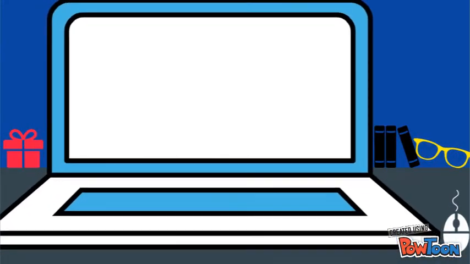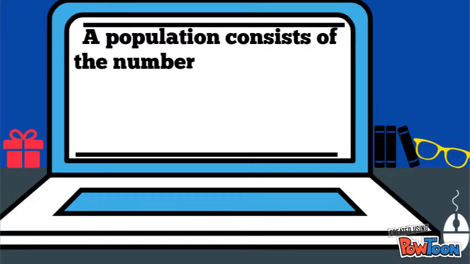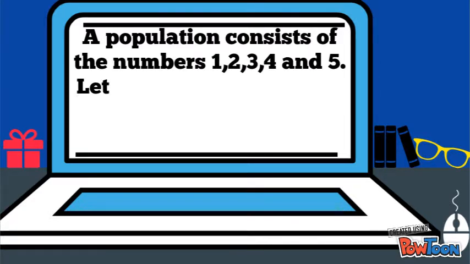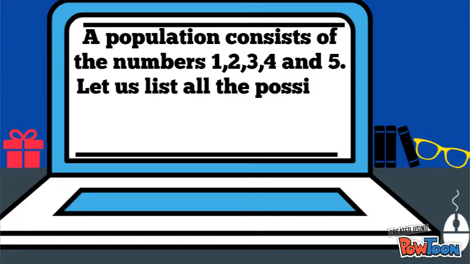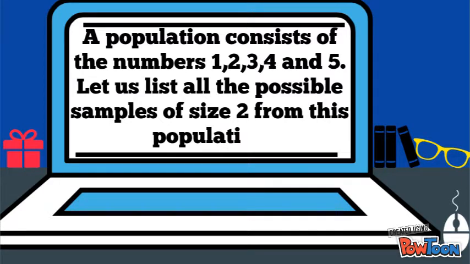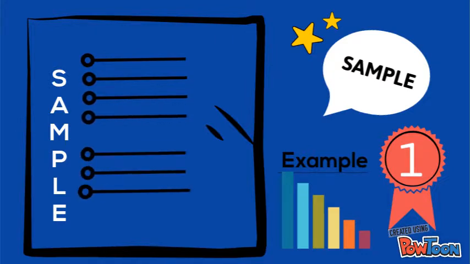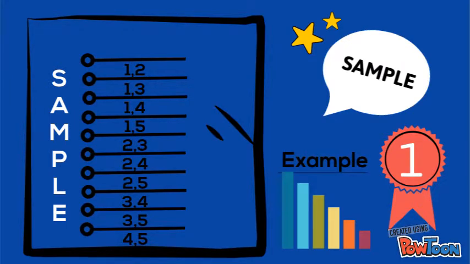A population consists of the numbers 1, 2, 3, 4, and 5. Let us list all the possible samples of size 2 from this population. The samples are 1,2; 1,3; 1,4; 1,5; 2,3; 2,4; 2,5; 3,4; 3,5; and 4,5.